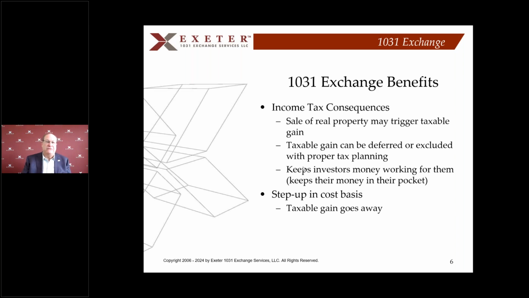It allows you to defer the tax into the future by reinvesting in other property. The real benefit there is it keeps all of your equity that comes out of your sale transaction in your pocket, so you have all of your cash available to reinvest in your new property. That means it's a lot easier to trade up in value, to buy larger properties, to buy more units, maybe a larger multifamily property.